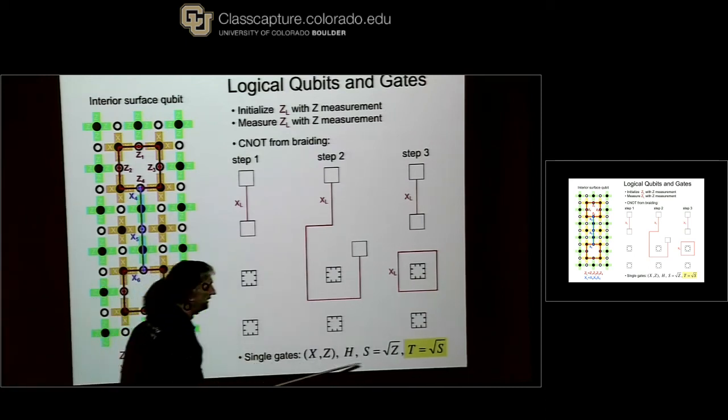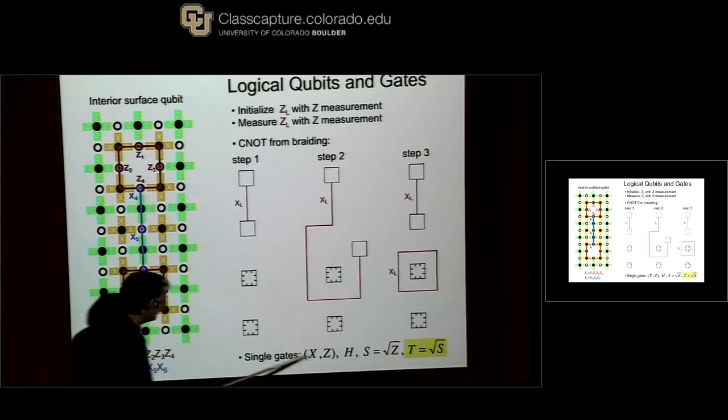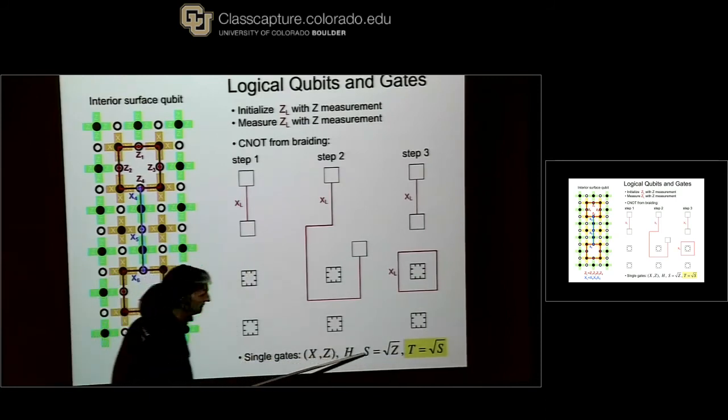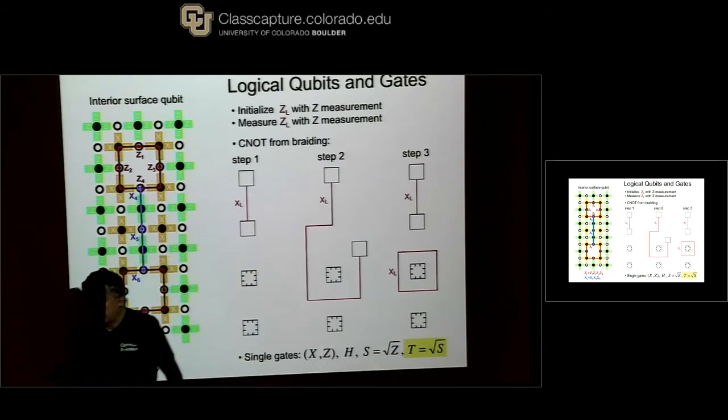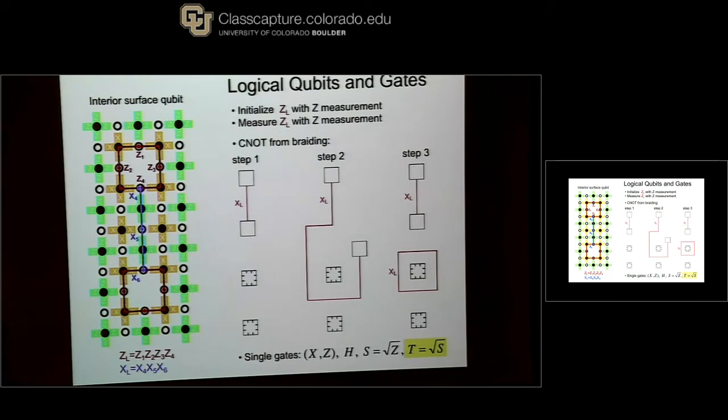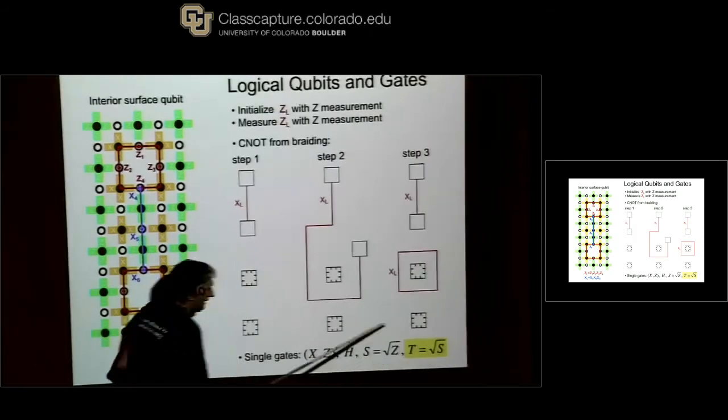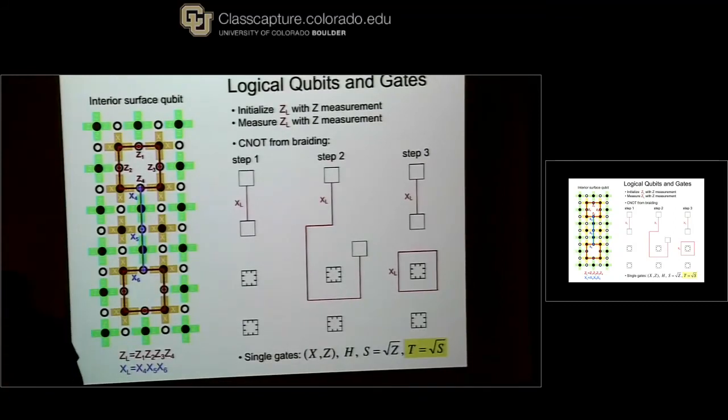The single gates also have relatively straightforward ways to do that. Of course, the non-Clifford T gate is very complicated. You have to build a state distillation machine, and there's a big overhead for doing that, but everything else is straightforward in the surface code.